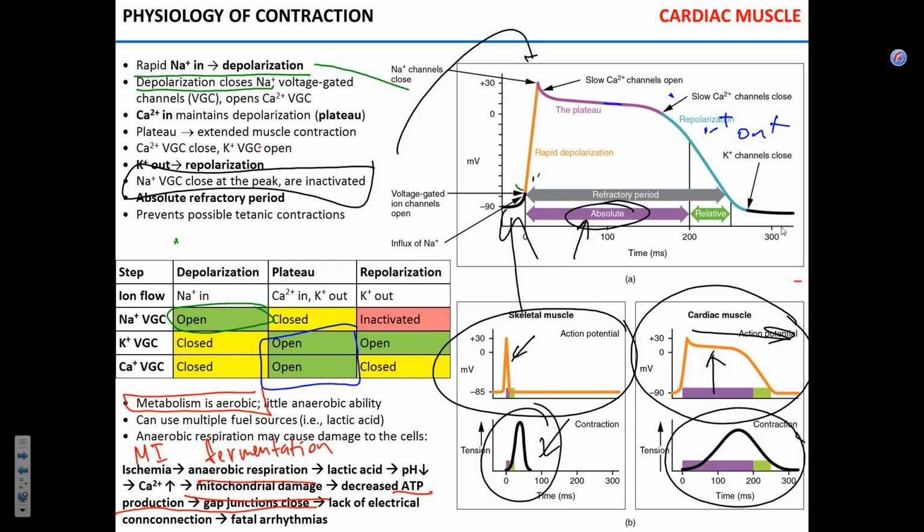Julia, that's to your question. And asynchronous contraction leads to ventricular fibrillation and potentially death. Does that make sense? Notwithstanding the fact that mitochondrial damage is the first step on the way to apoptosis.